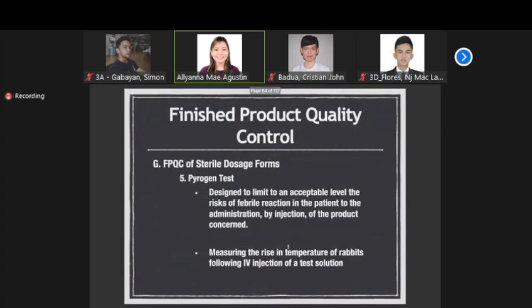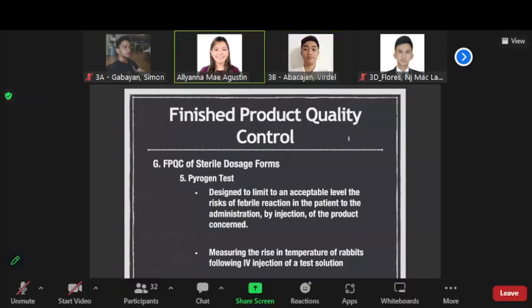How about pyrogen testing? Is the pyrogen test in vitro or in vivo?